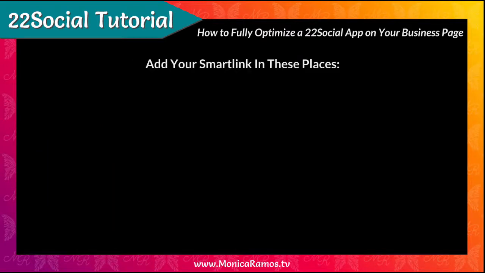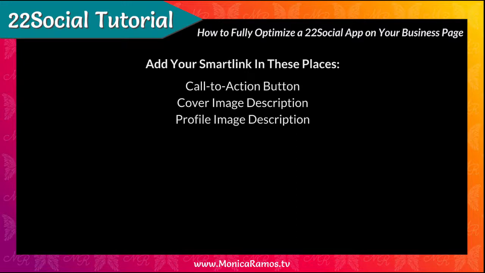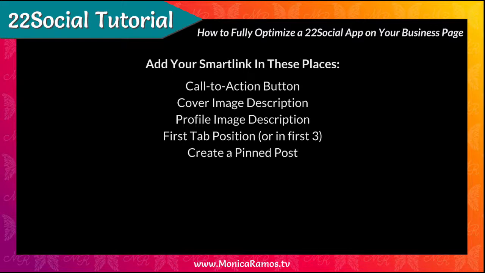So what we're going to cover here is all the places you want to add your smart link in order to fully optimize your app. You want to have it in your call to action button, which is the first thing we're going to go over. You also want it in the description of both your cover image and your profile image. You also want to make sure that your tab position for this app is in one of the first 3 positions, if not the first, and I'll show you how to do that.